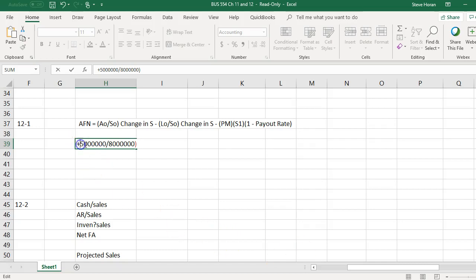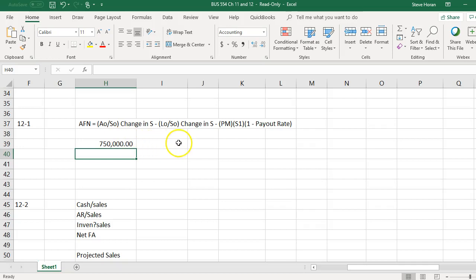So we're taking 5 million assets divided by 8 million current sales multiplied by the change in sales, which is 1,200,000. We're going to go from 8 million to 9.2 million. Okay, so we'll do that one first. So we get 750.